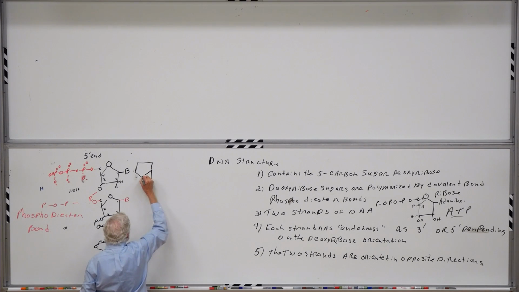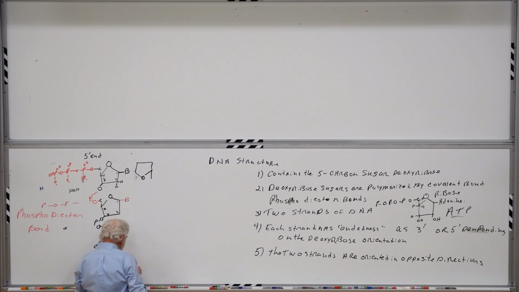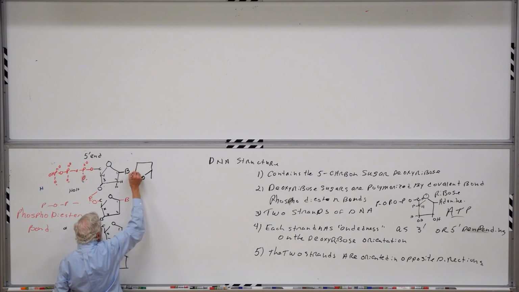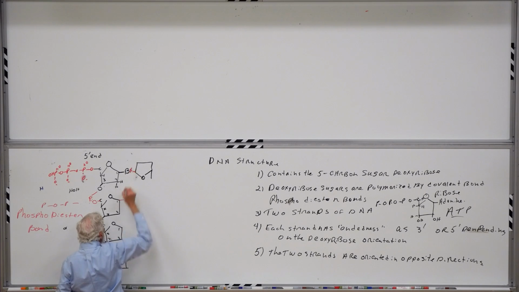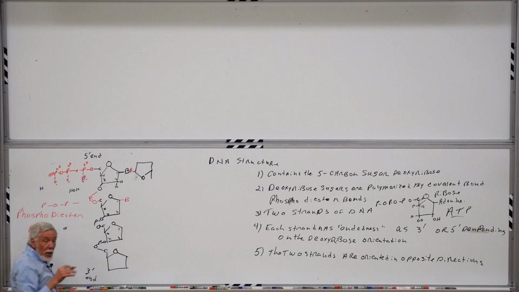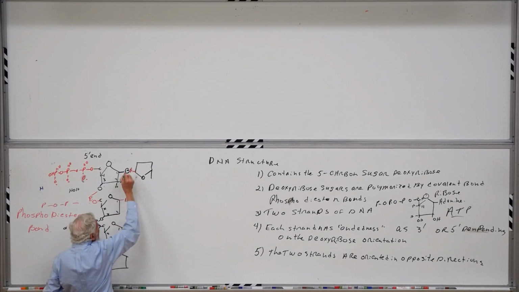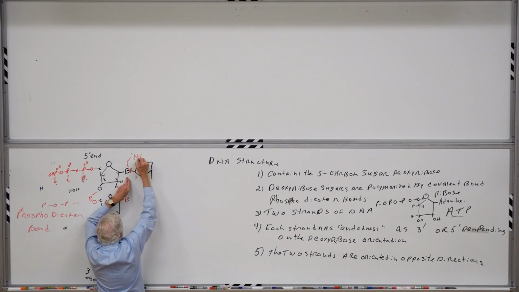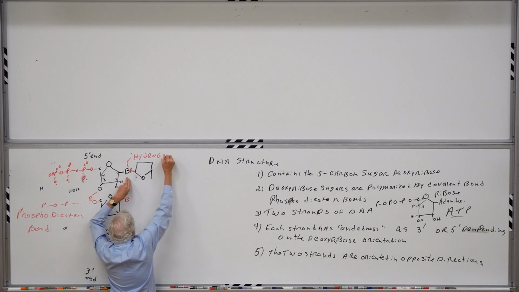And there's the oxygen between them. As before, this number 1 carbon is going to carry a base. And I'll mention it here, we'll emphasize it in a moment. These bases here are going to be held together by hydrogen bonding.